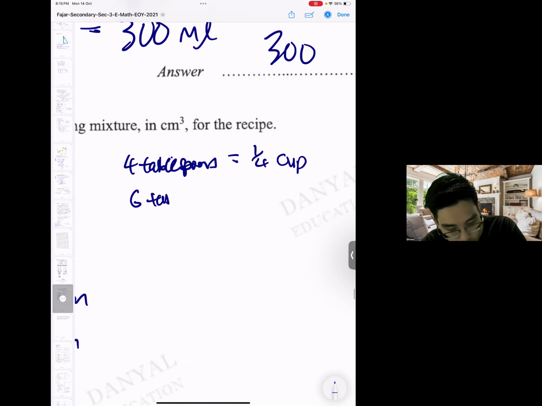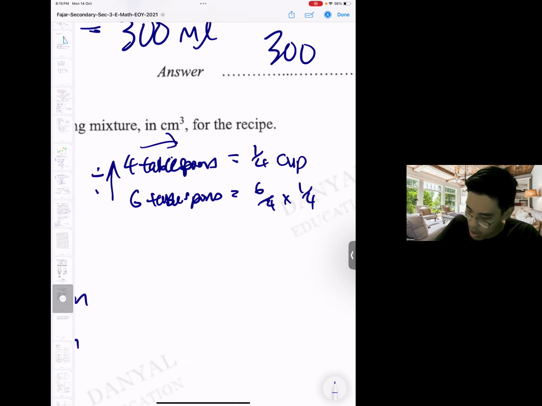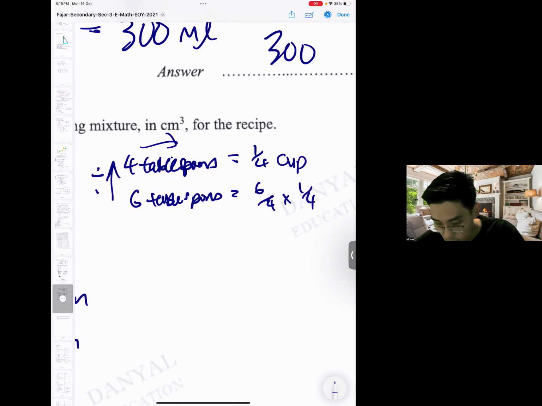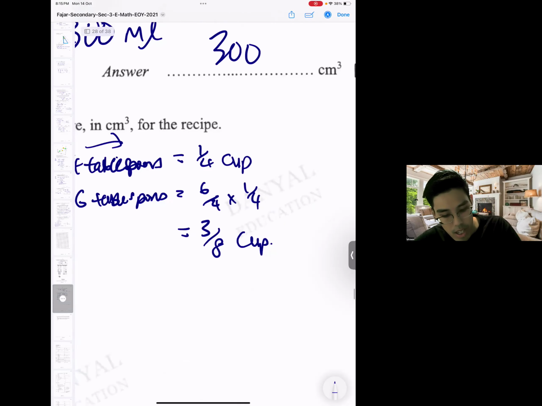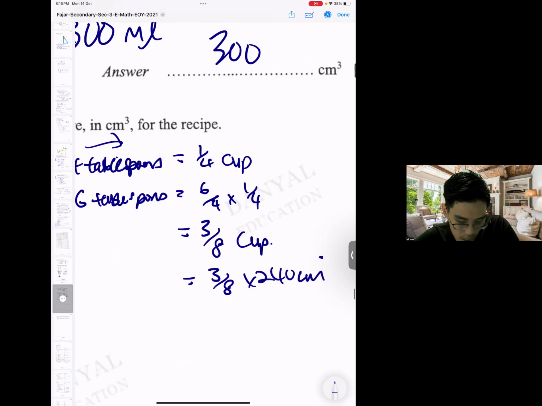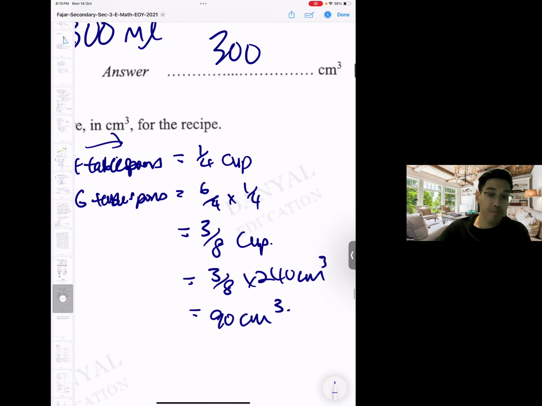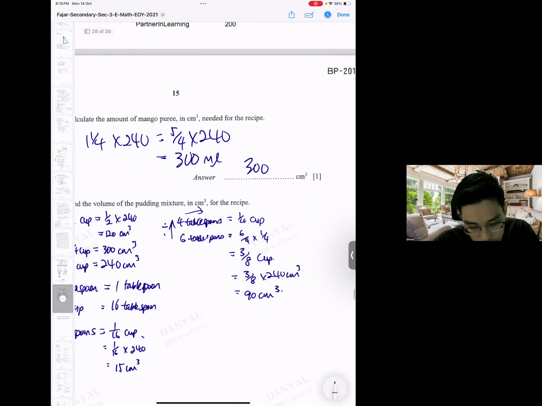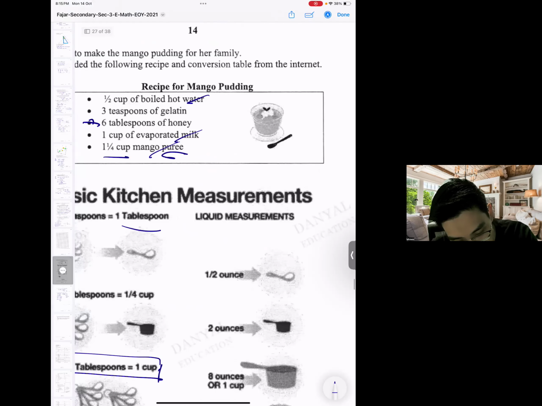So 6 tablespoons equals 6/4 times 1/4. Same thing, do L method. 6 divided by 4 times 1/4, you get 3/8 of a cup. Which equals 3/8 times 240 cm cube, which is 90. Okay, done. I covered all the items already.